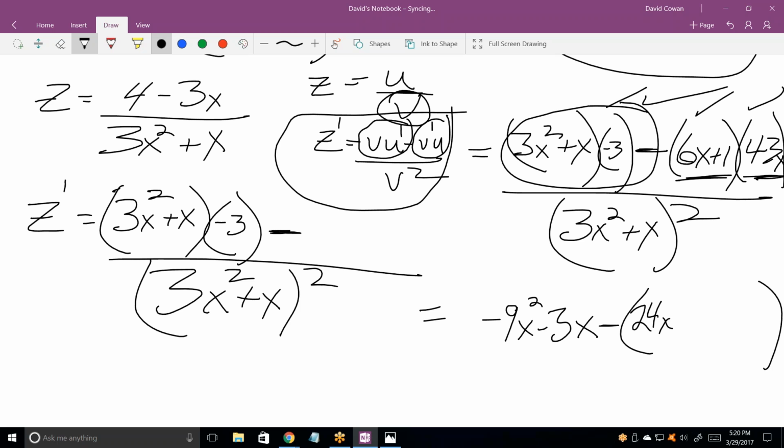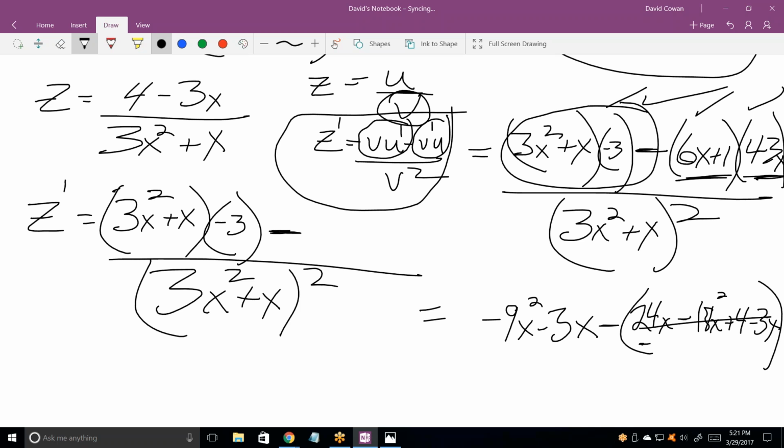We got 24x. It's not plus 4. We got 24x minus 18x squared plus 4 minus 3x. Okay? Now I can simplify that.